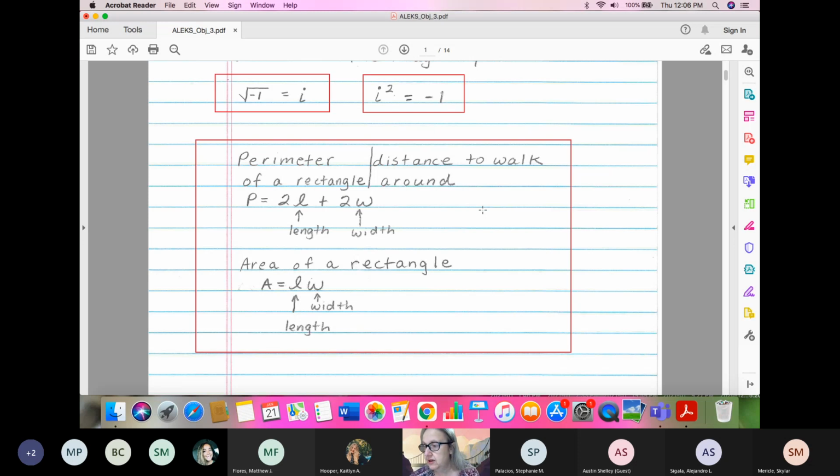I'll give you a couple more minutes until 12:08. That way you can have all of your important information in one place in your notebook.